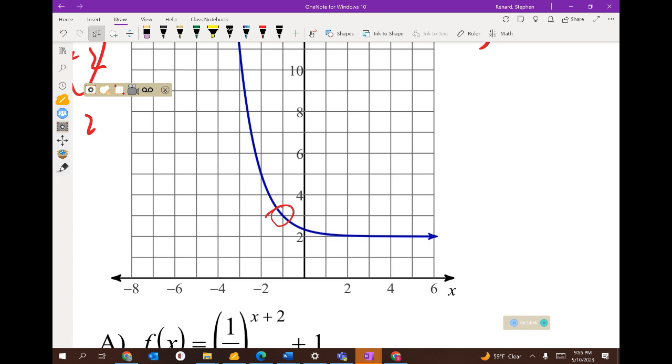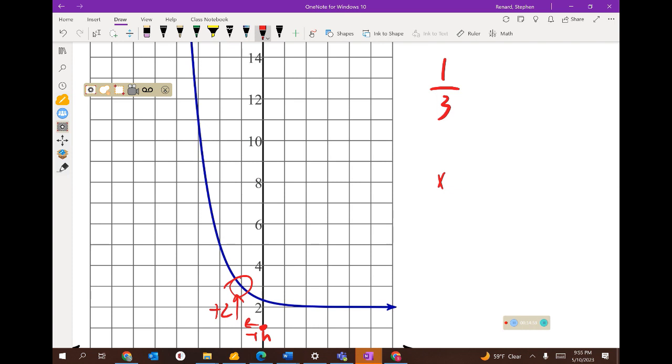So here, what we want to do is look at this point right here. So we start off at 0, 1. And what do we do? We moved 1 left. That's -1. And then up 2. That's +2.